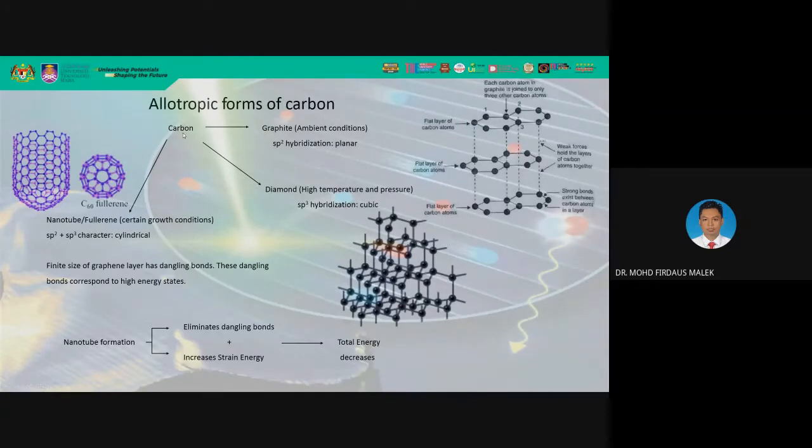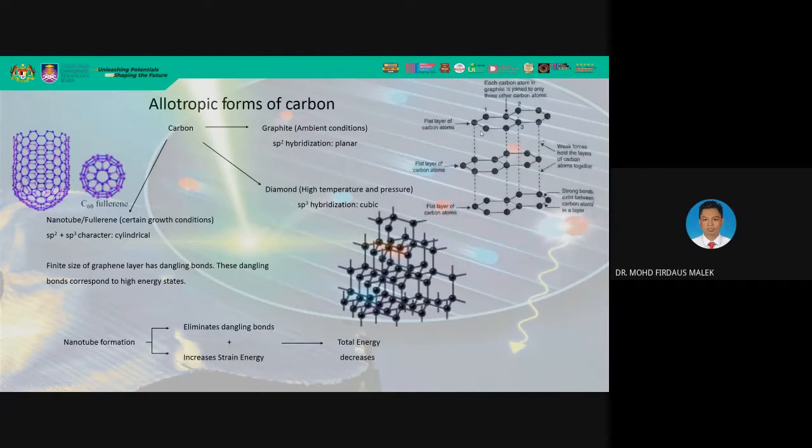So you can see here, we can divide it. The first one is graphite. For those who are familiar with chemistry, if you still remember, graphite is formed by sp2 hybridization, which is a planar base. You can see the structure here. This is the planar base of carbon, one layer, the second layer, the third layer, and so on.